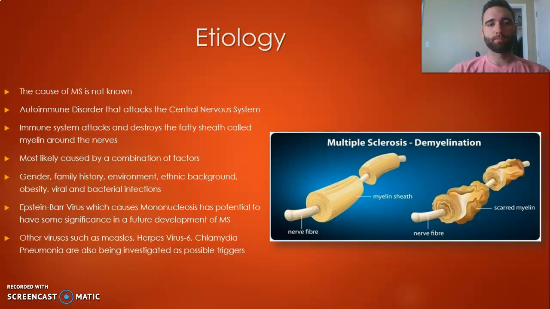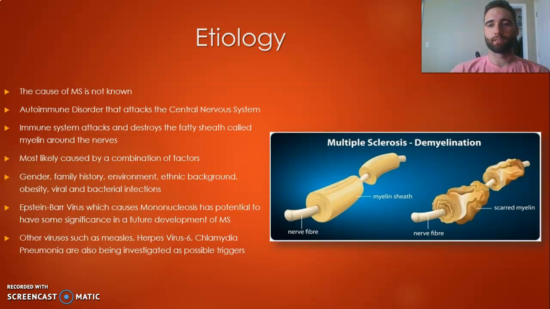It's most likely caused by a combination of factors. So we have gender, family history, environmental issues, ethnic background, obesity, and then viral and bacterial infections. Specifically for viral infections, we have the Epstein-Barr virus, which is the virus that causes mononucleosis.